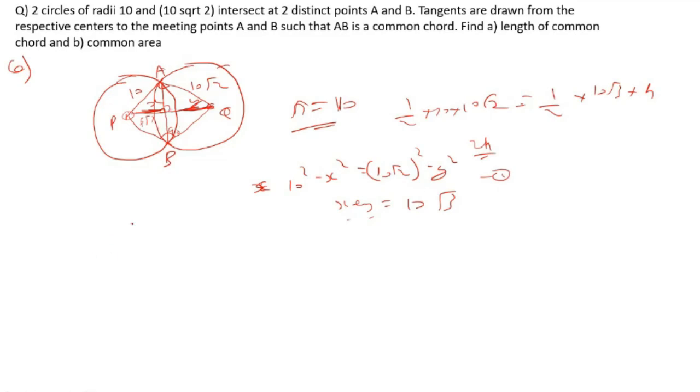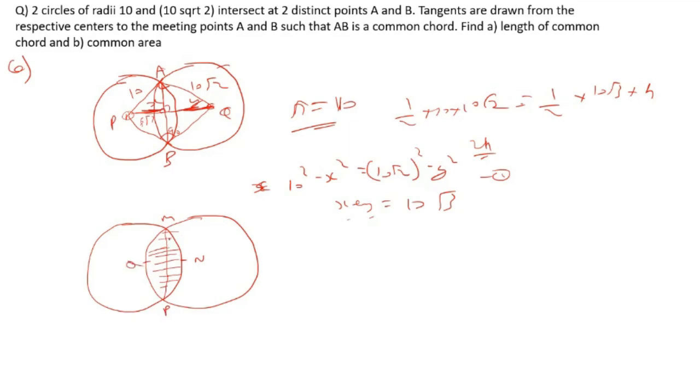Cool. For the common area, once again, as we have mentioned, it is easier to break it into portions that we know. So this would be the common area, right? So let's just name it. So it will be MNP plus MQN, right?